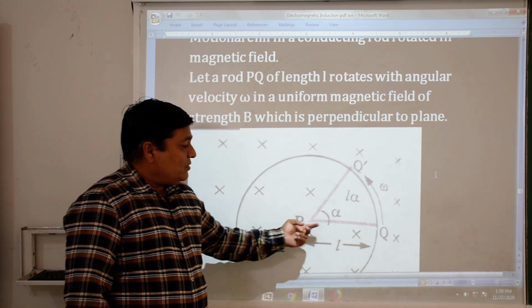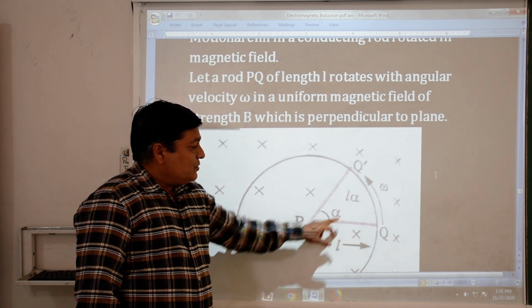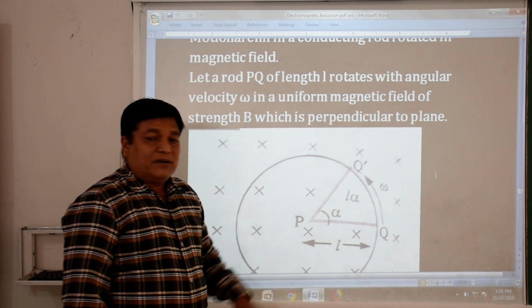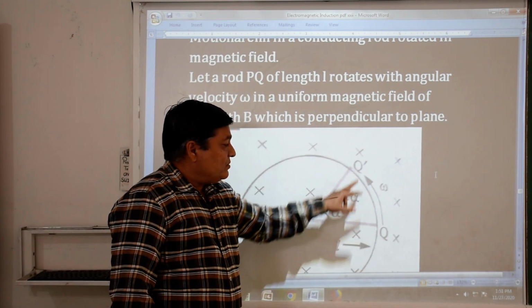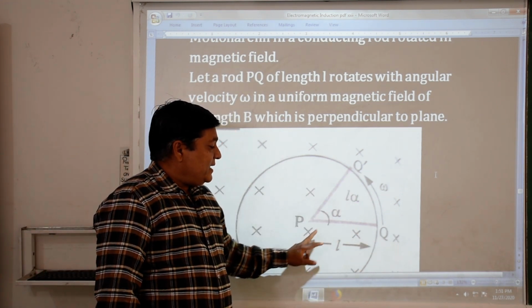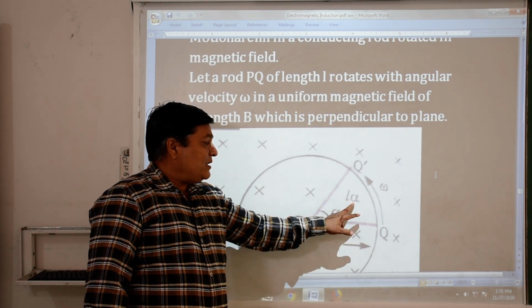So alpha angle is equal to arc upon radius, therefore arc is equal to radius into angle, that is L into alpha, where L is the length of the rod and alpha is the angle.